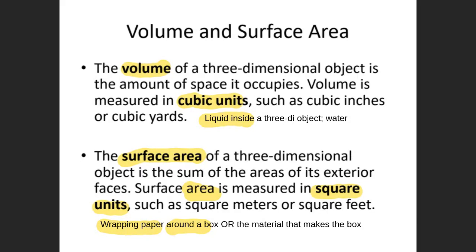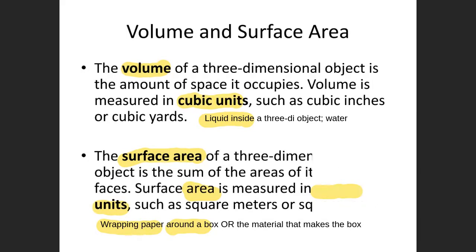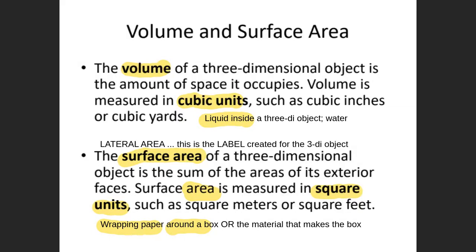Okay. Now, another word that they're going to talk about is called lateral area. This is the label created for the 3D object. Lateral area is not surface area, but it is part of the surface area.